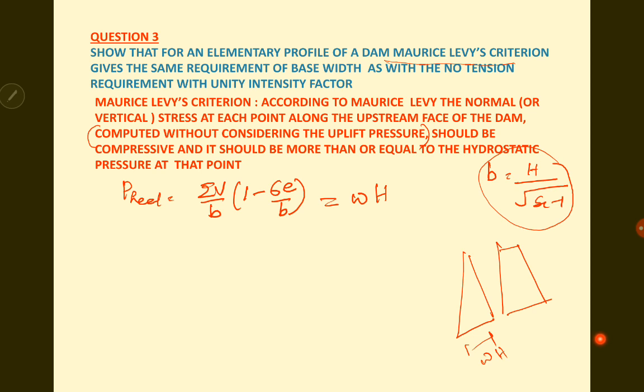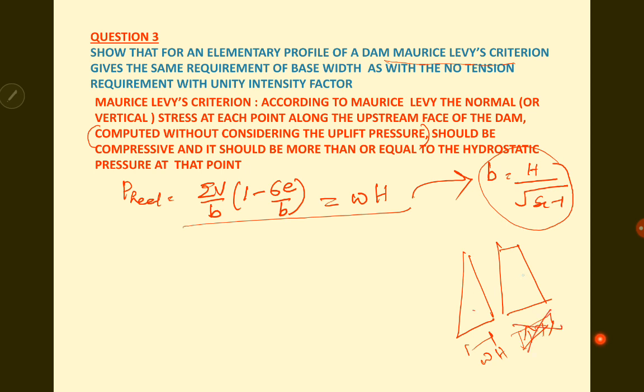Now you have to prove that the equation for B that we get using this criteria is the same as that we get using the no tension criteria. While computing the stresses, the uplift pressure is not considered, so you don't have to consider the uplift, that force is not there.